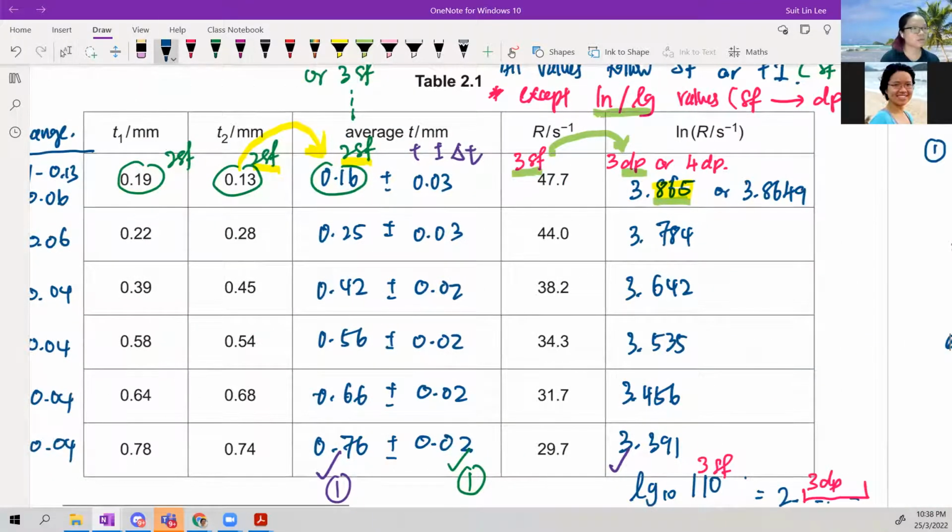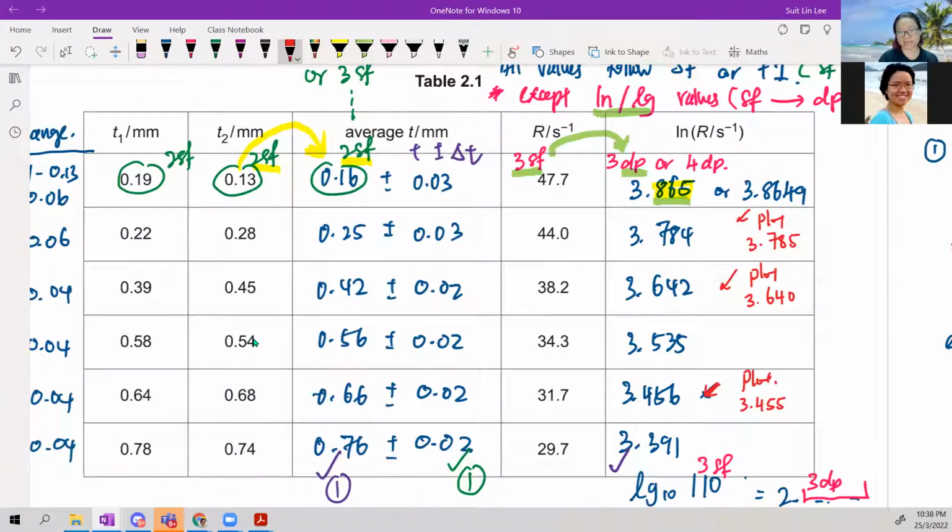I'm going to change color. This one on the plot was rounded to 3.455. This one, no problem. This one, I plot 3.640. This one, I plot 3.785. You get the idea? The nearest corner. This one, no problem. This one, I plot 3.390, because every box is 0.005.